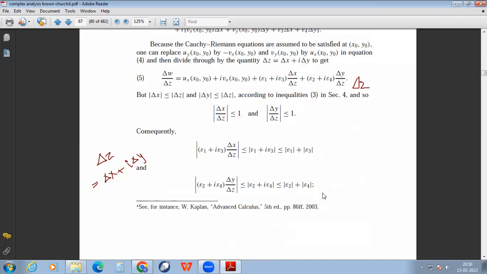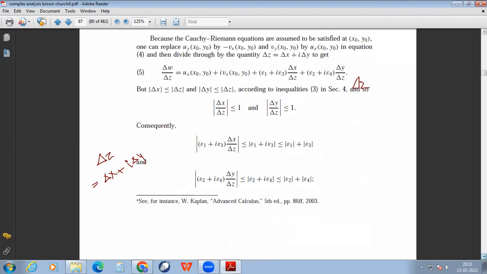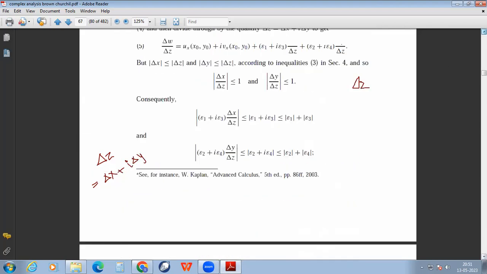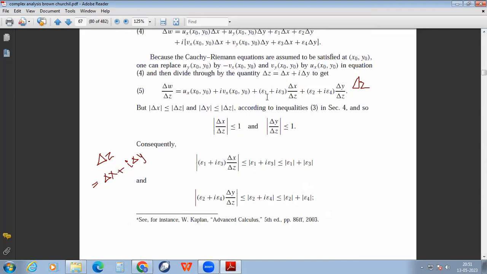So ultimately where we come to, this part is less than or equal. In your notebooks we have solved it very rightly. This part actually goes to 0, and ultimately this incremental ratio, when I put the limit to this, becomes this particular expression.